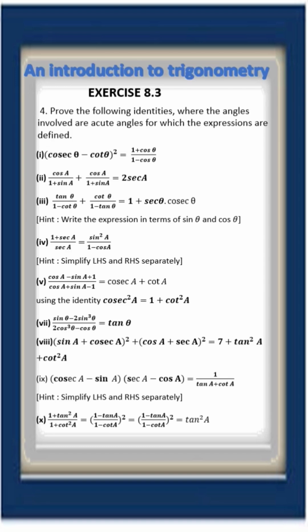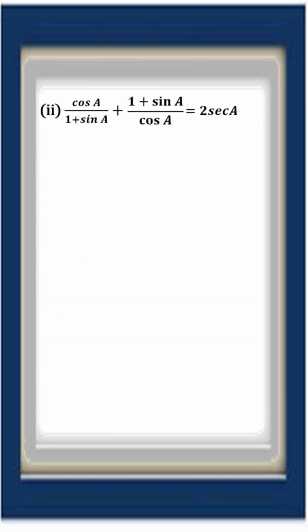Now let us solve the second question. The question is cos A upon 1 plus sin A plus 1 plus sin A upon cos A is equal to 2 secant A. We have to prove it.